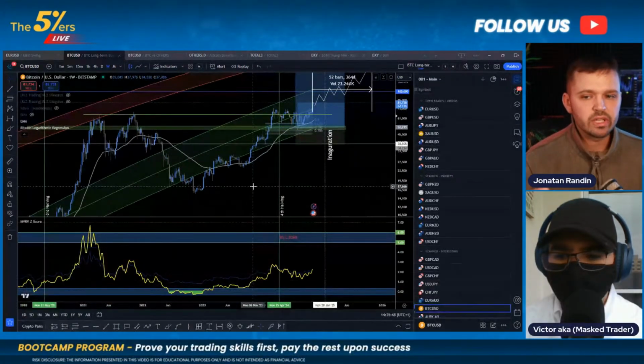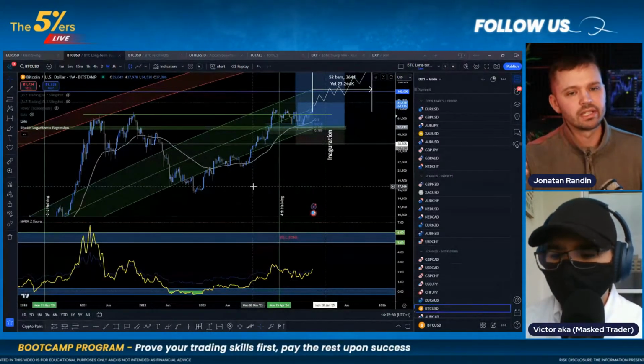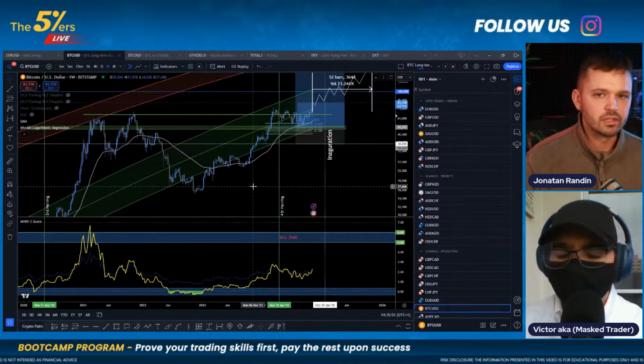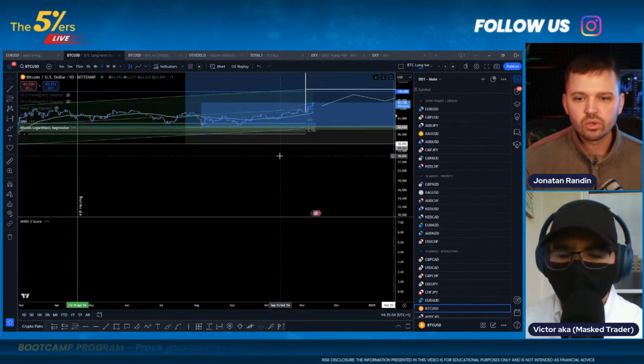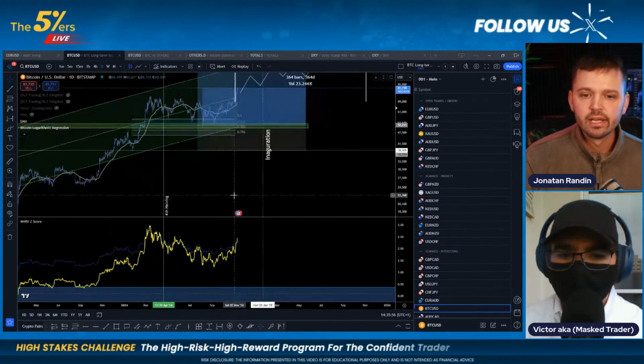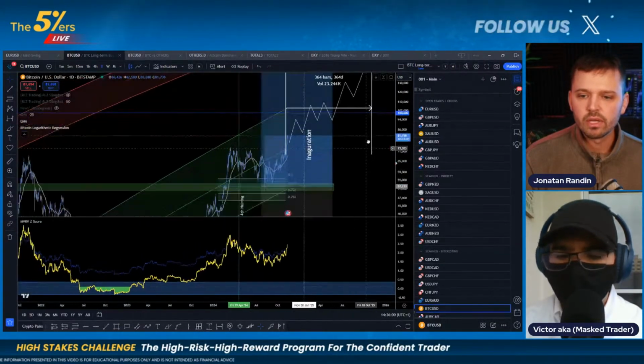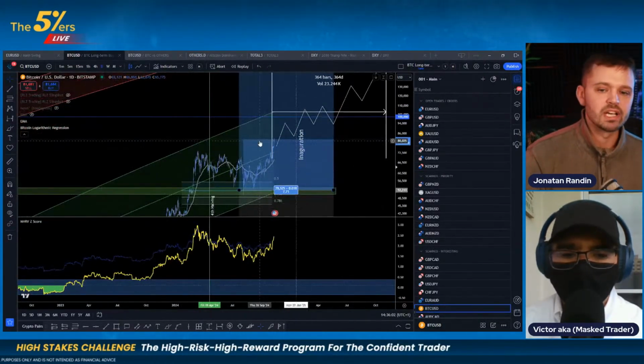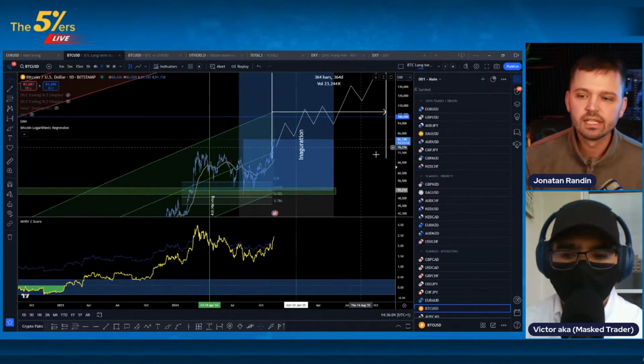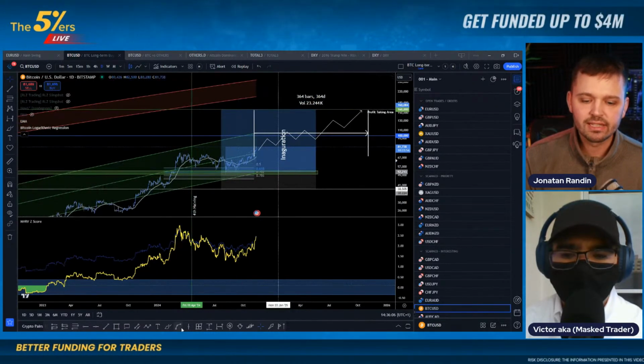If you see a weekly candle close below the weekly 50 EMA, that's probably a good sign to exit. You can also look at a daily break of structure and a break below important daily support while price breaks below the daily 50 EMA. So something like this, perhaps.